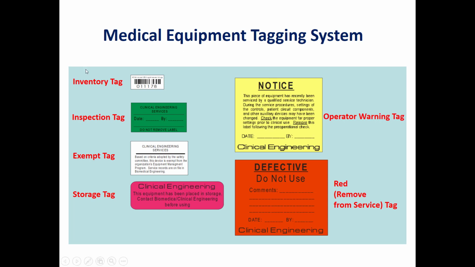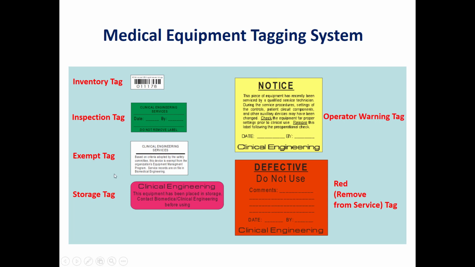For example, an inventory tag, which is used with each medical device. We make a label or a tag which contains the control number of this device. Another tag we can see here is used during the inspection. We put the date and the engineer or technician who performed this inspection.